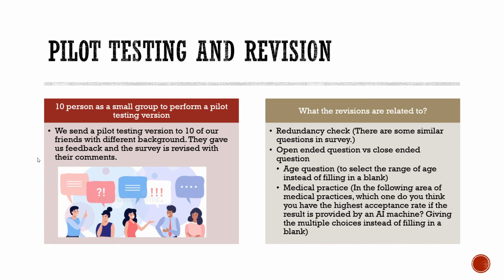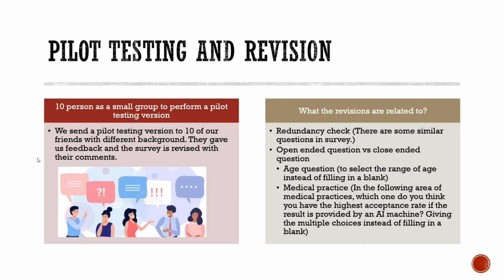In this slide, we discuss the pilot testing and the revision of the survey. By pilot testing, we mean that we sent the preliminary version, which we call the pilot testing version, to 10 of our friends with different backgrounds. They gave us feedback and the survey was revised based on their comments.